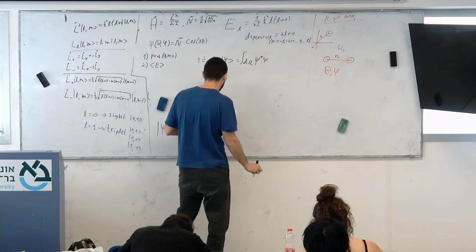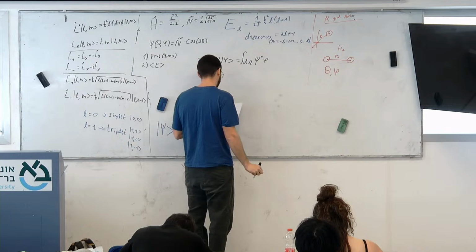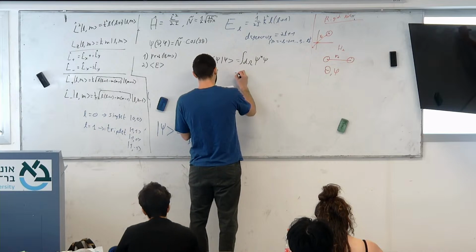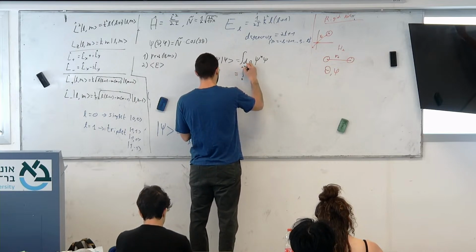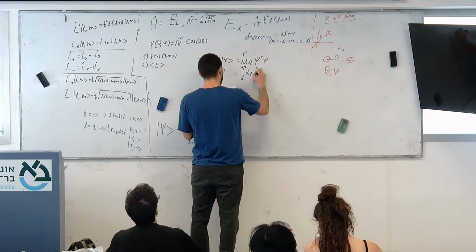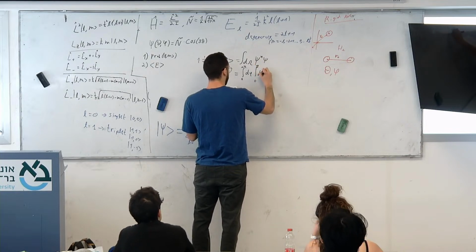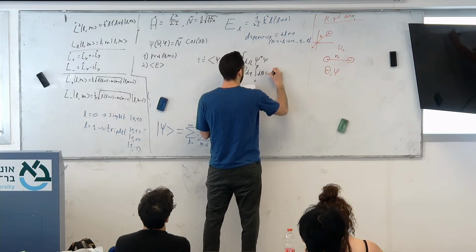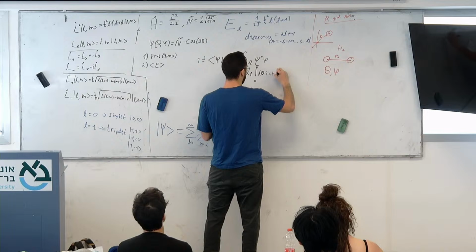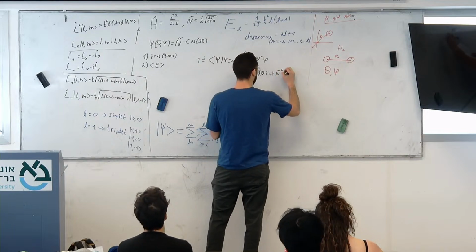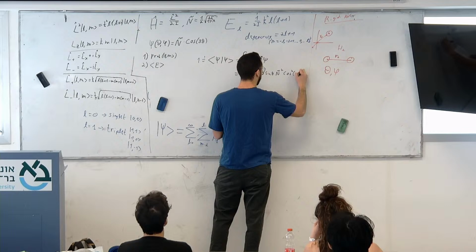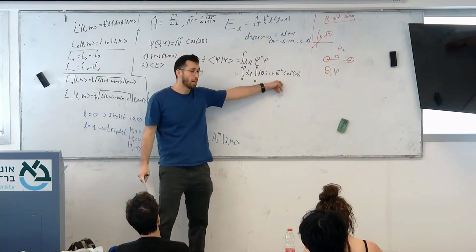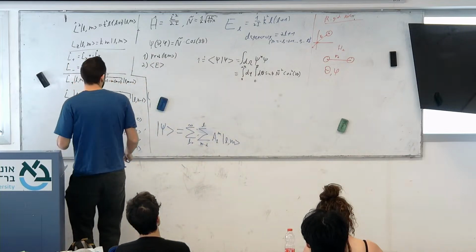Here the conjugate is just itself. Which is just an integration from 0 to 2 pi d phi, integration from 0 to pi d theta sine theta, N tilde squared cosine squared of 3 theta. And we try to find which N gives us 1 for this integration.